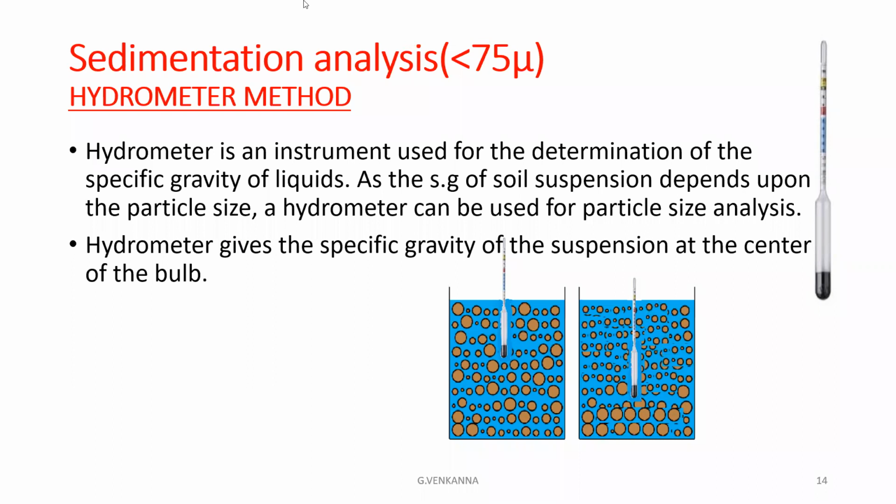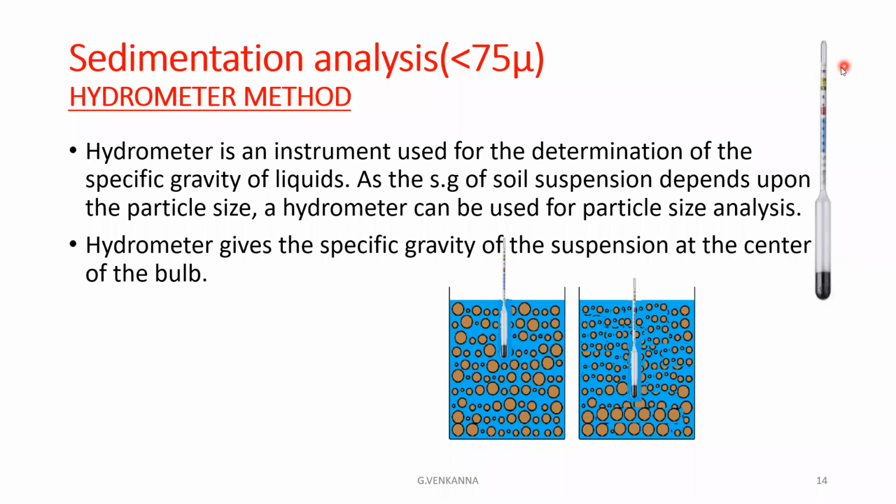This is called a hydrometer. At the bottom we have mercury. This long neck is known as the stem. In the stem we have the readings, and the values may be 0.995 to 1.030.